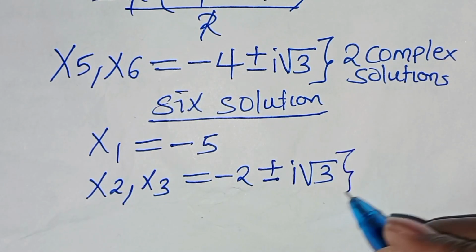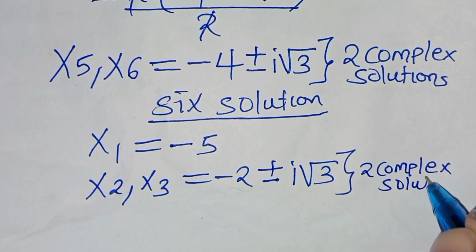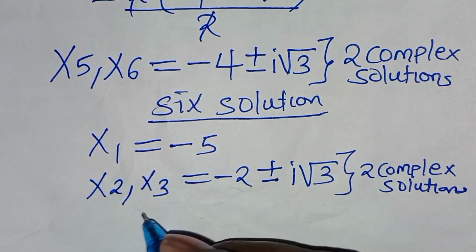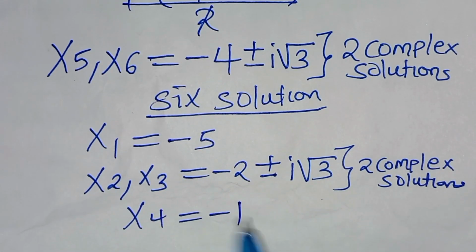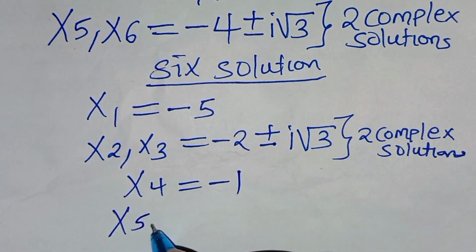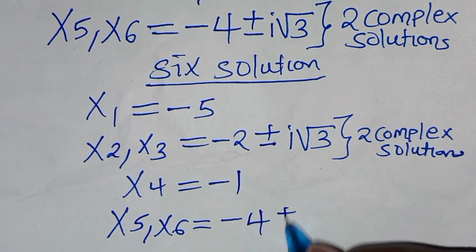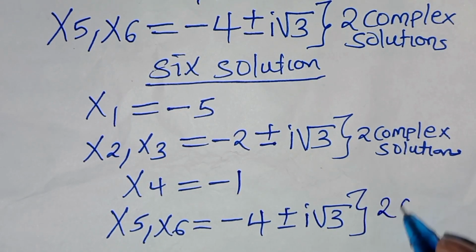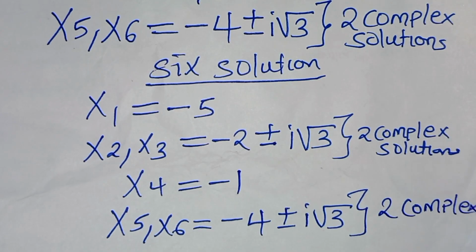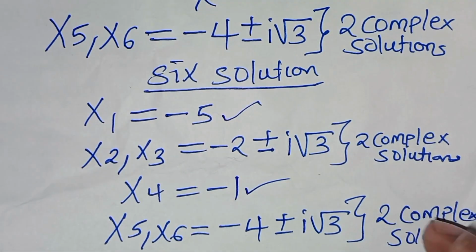So these are two complex solutions. And then we have x4, which is equal to minus 1. And now we have x5, x6, which is minus 4 plus or minus i square root of 3. This is another two complex solutions. So here we have 2 real solutions and 4 complex solutions.